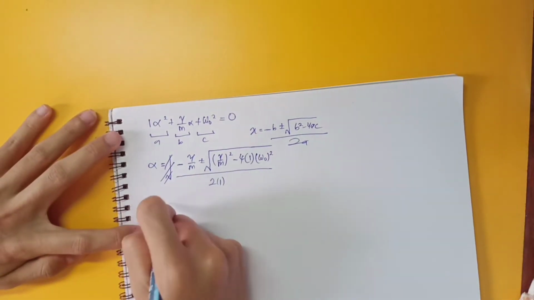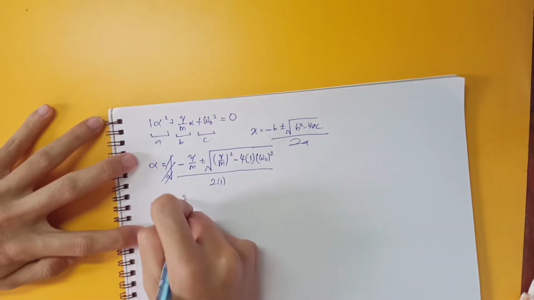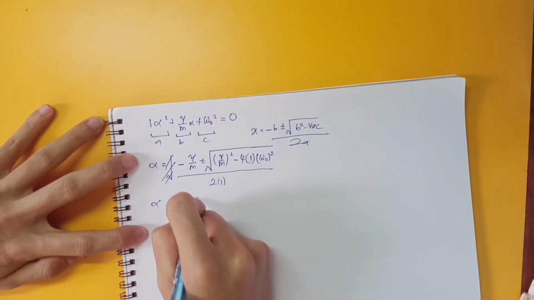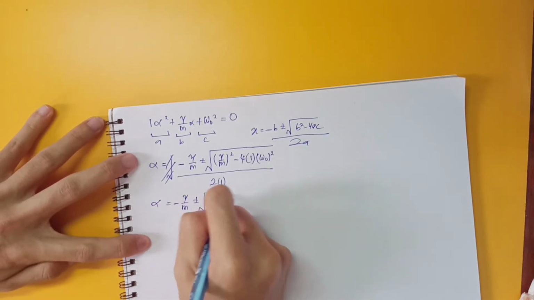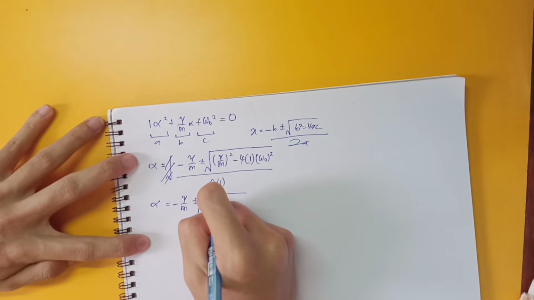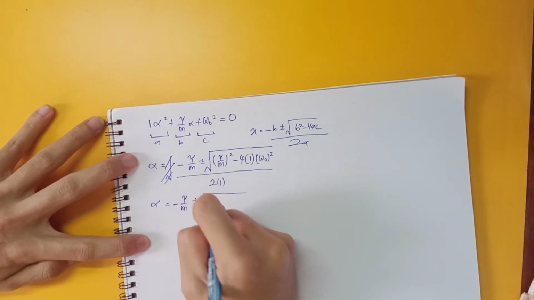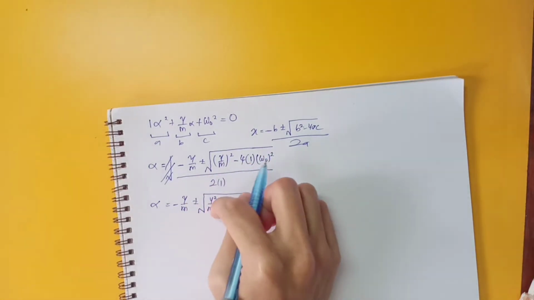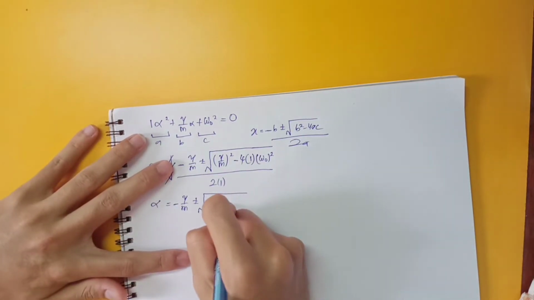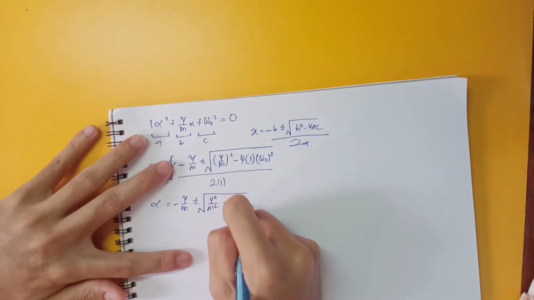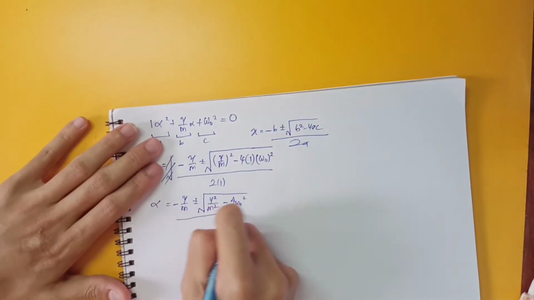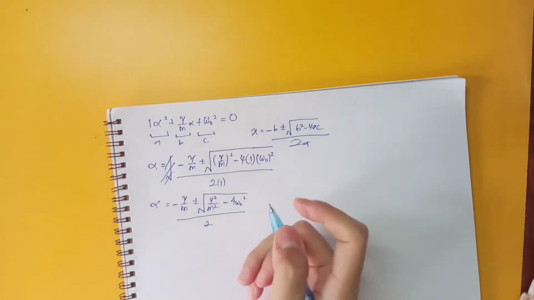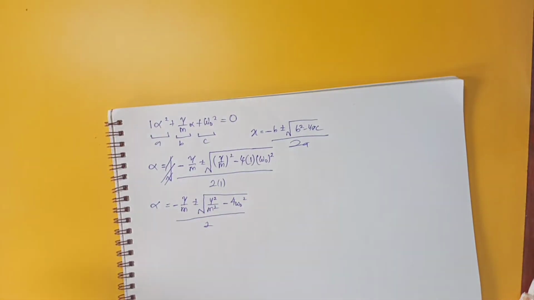Now alpha is equal to negative gamma over m plus minus the square root of gamma squared over m squared, and then minus 4 omega naught squared, over 2. So far so good, I think.